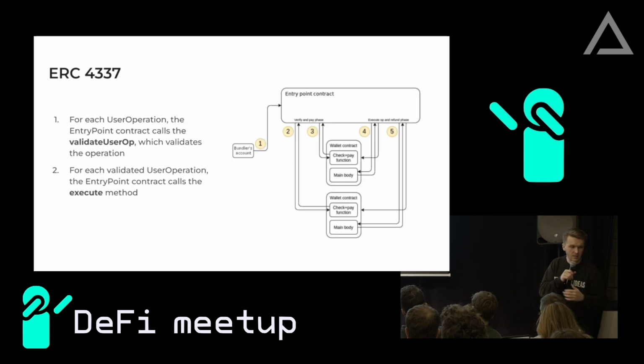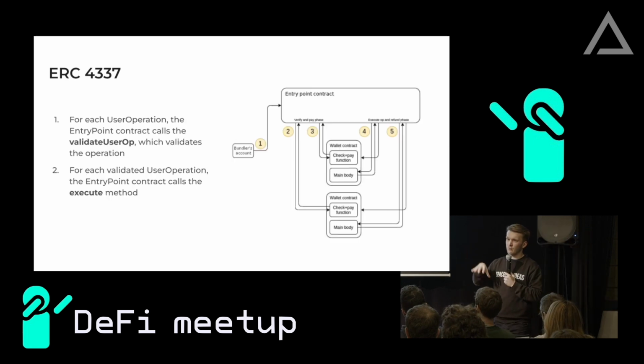And now the second slide. Once the entry point contract receives the bundle of user operations, it's going to call a method called validateUserOp on the wallet. The wallet is a smart contract. Every smart contract wallet that follows this ERC needs to implement validateUserOp.